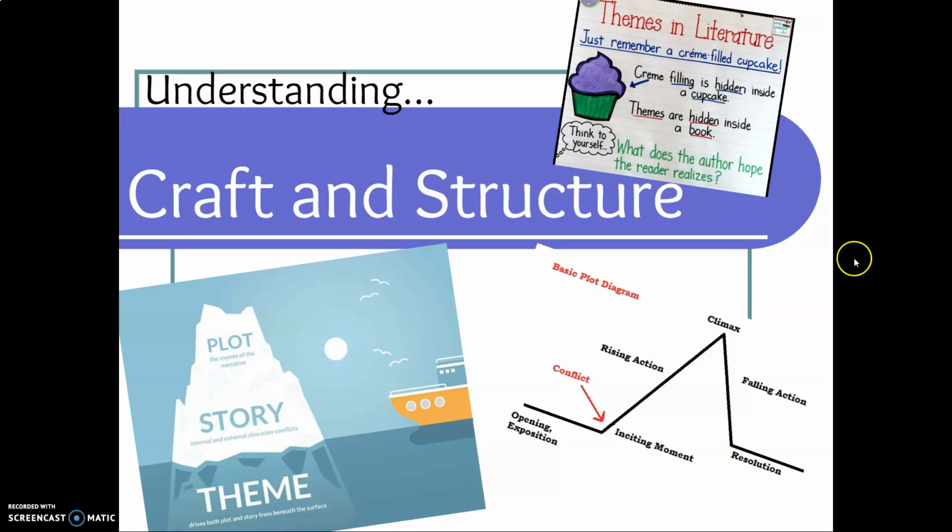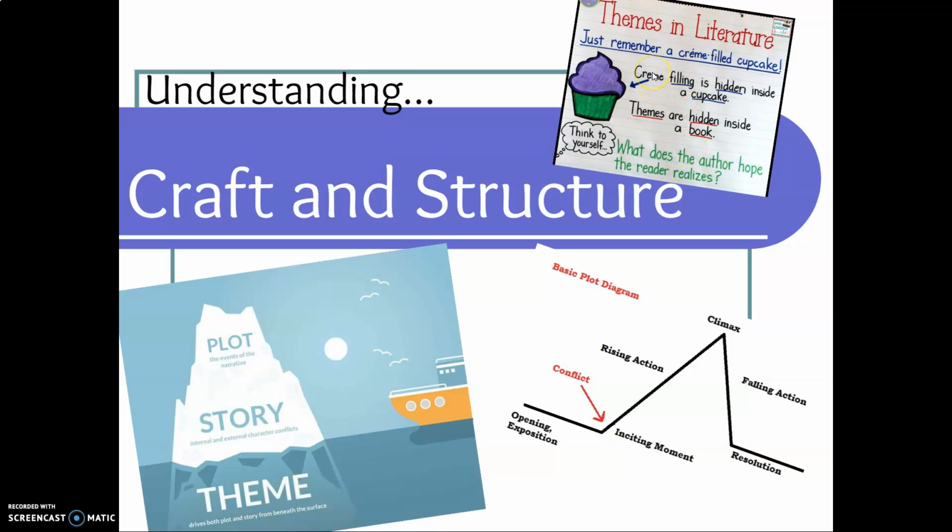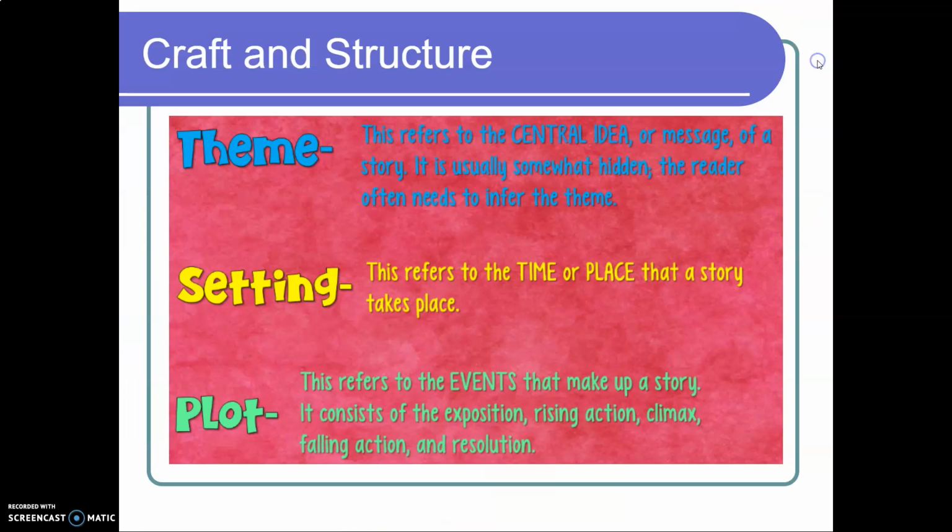You have 3 different pictures here. This is the plot diagram that we talked about yesterday. We have plot, setting, and theme. This all has to do with the craft and structure, and remember theme: the moral or lesson that the character and the reader learn from the story.